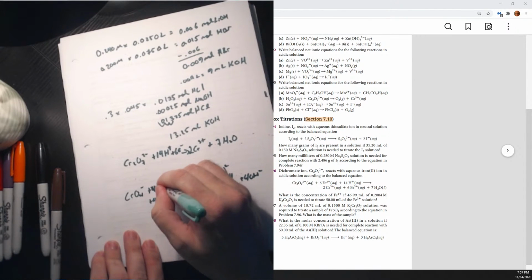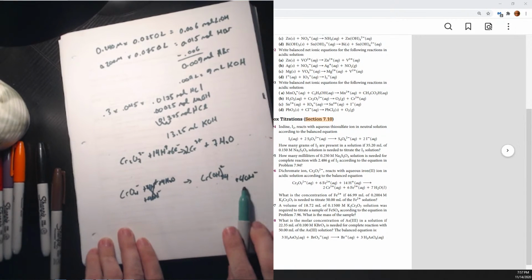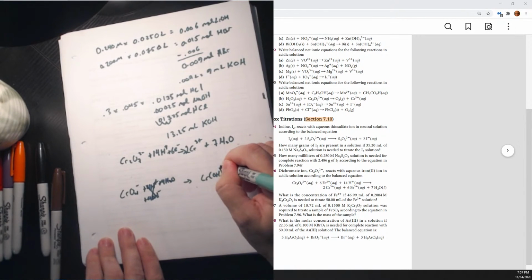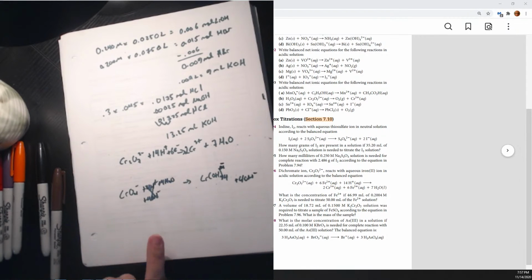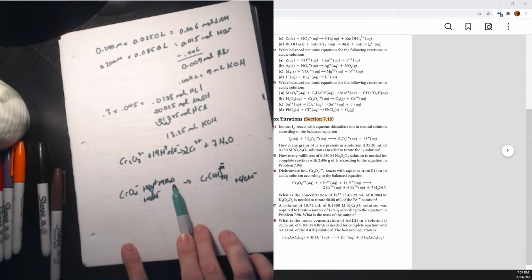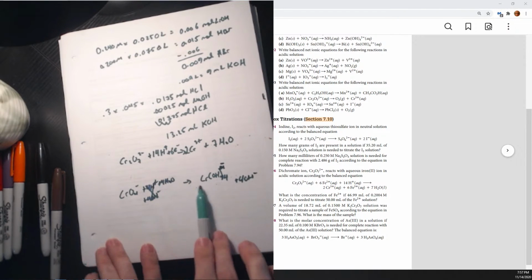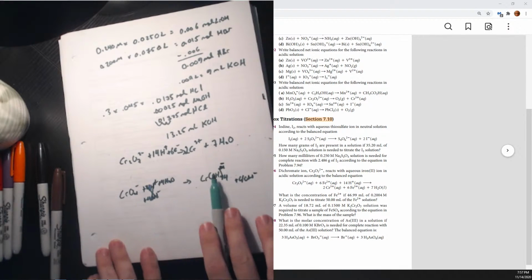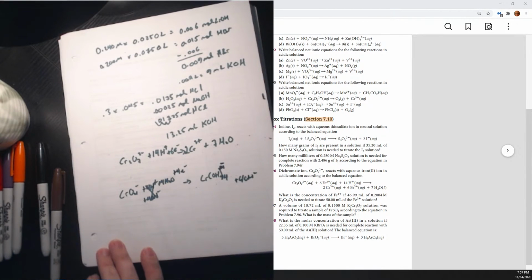So this makes 4 H2O and 4 OH minus there. Hopefully everything's still balanced. 4 plus 4 makes 8 oxygen. 4 times 2 is 8 hydrogen, and 4 plus 4 is 8 hydrogen. Now we just need to balance the charges. We have 1 minus and 5 minus, so we need 4 electrons. Okay, yeah, so that's balanced.